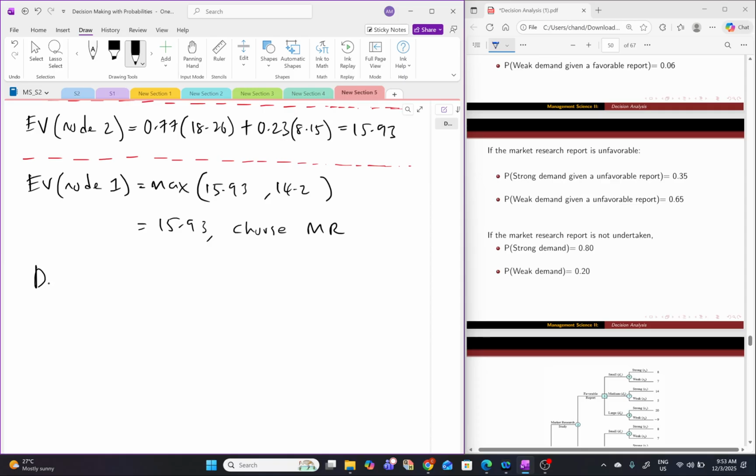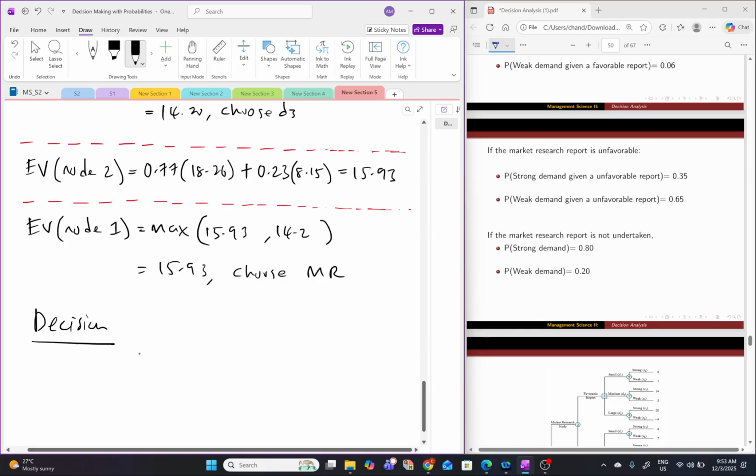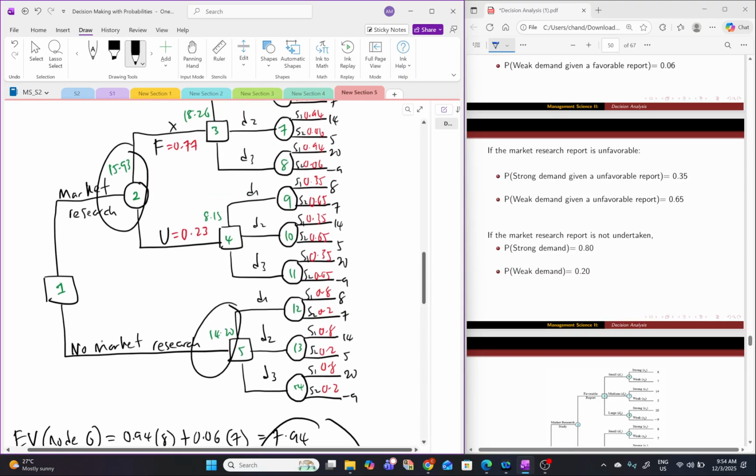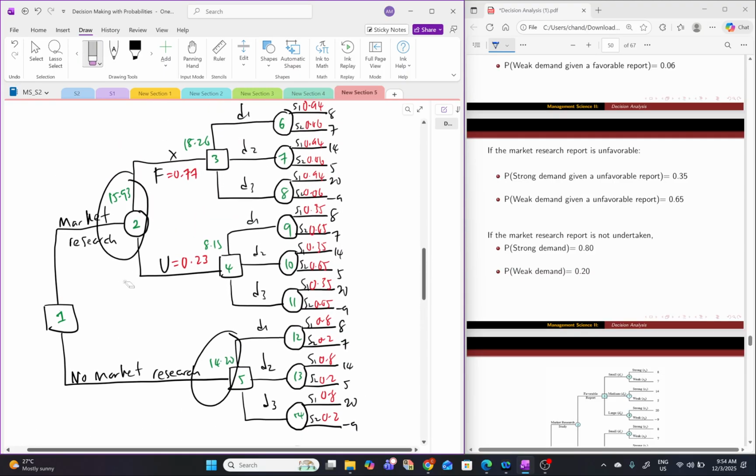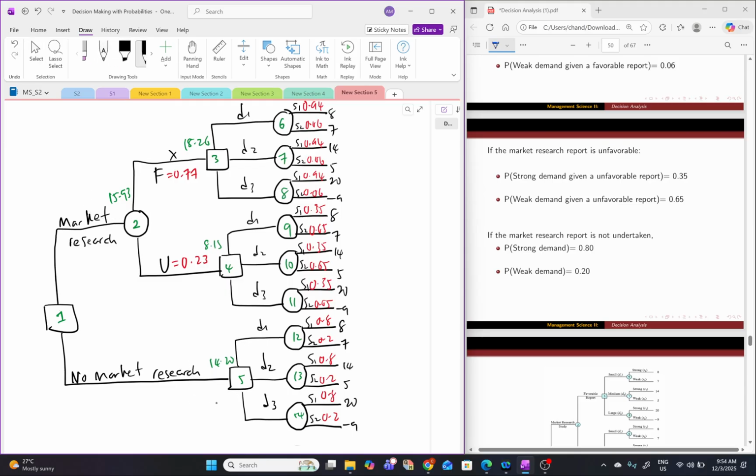Decision. The decision is, daripada satu ni, we have decided to choose market research because dia punya profit adalah 15.93, yang no market research punya profit adalah 14.2.